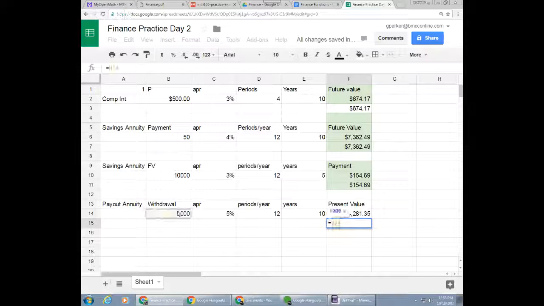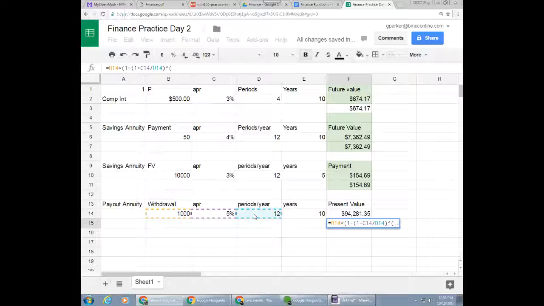All right. So 1,000 times parentheses 1 minus parentheses 1 plus R over K to the power. And here's where I often screw up. Like Ian pointed out, I forget that darn negative, and then it all goes to hell.